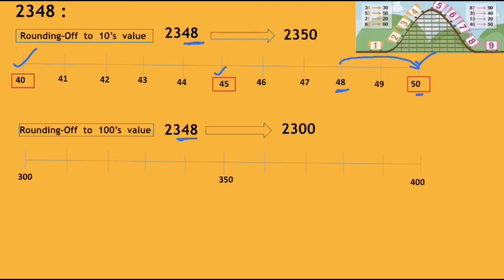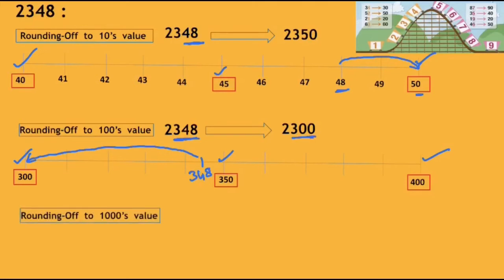That means the 348 number will be placed between 300 and 400. 350 is the middle number, and 348 is nearer to the 300. So we are rounding 348 to 300.